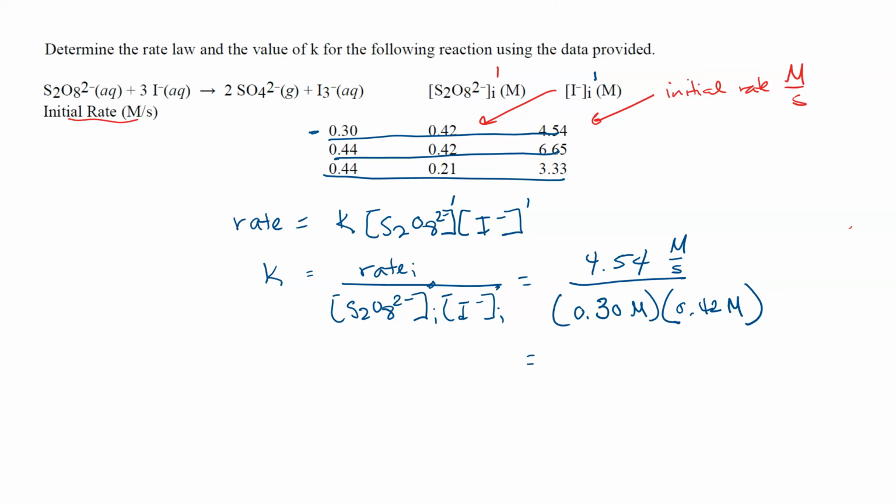And remember that units-wise, this is going to be moles per second over moles per liter squared. So that'll cancel, and you'll get 1 over seconds over moles, which can then become moles to the negative 1 times seconds to the negative 1. So this is also the correct units for K for a second order overall reaction. And this will be 36.